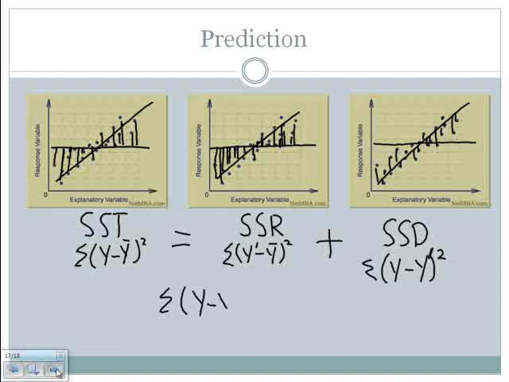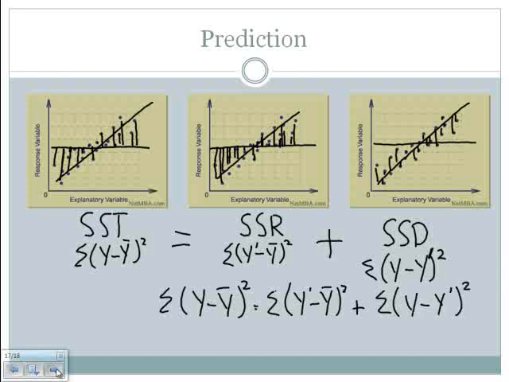SS total is equal to the sum of Y prime minus Y bar squared, plus the sum of Y minus Y prime squared. Again, we're going to look at some math where we will prove this to you.